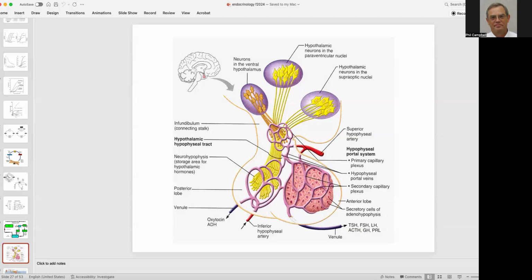So the hormones that are released from the hypothalamus drive via this vascular shunt over here to the anterior pituitary. What are they? They are thyroid stimulating hormone, follicle stimulating hormone, luteinizing hormone, adrenal corticotrophic hormone, growth hormone, and prolactin. TSH, FSH, LH, ACTH, GH, and PRL.